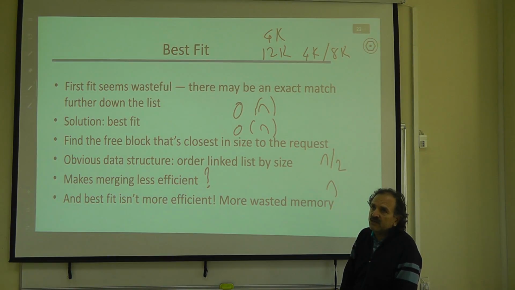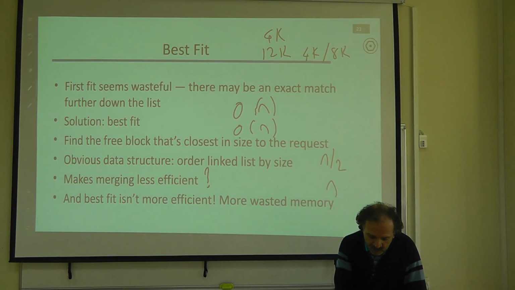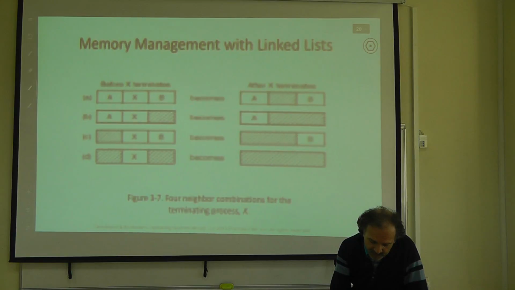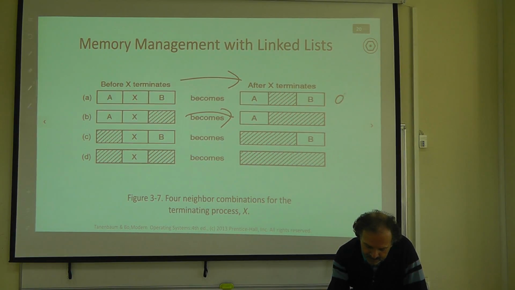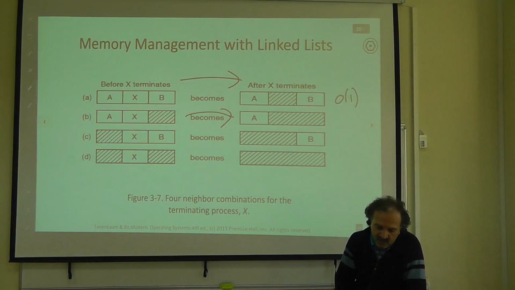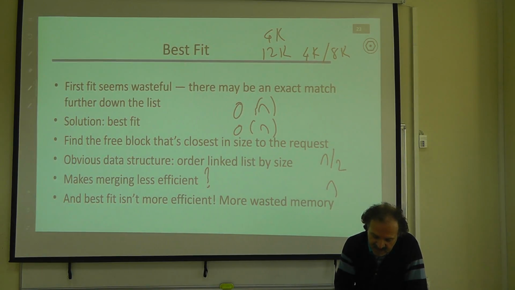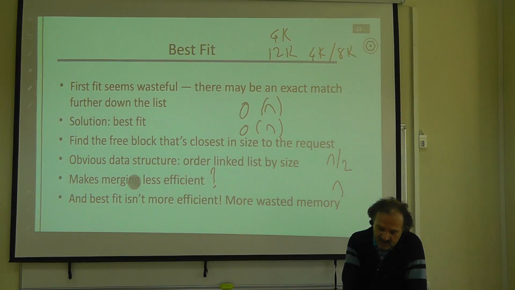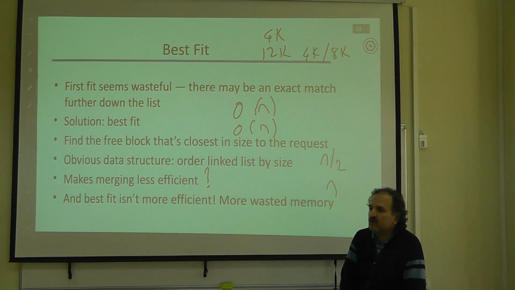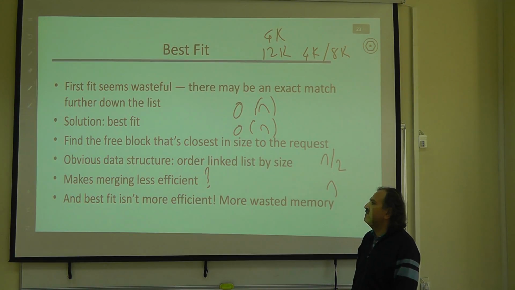Merging is not an O(1) operation anymore. All of these operations are O(1). But if you are using best fit, when you are merging, you need to find your neighbors in the linked list by searching the whole linked list. So it makes merging less efficient.